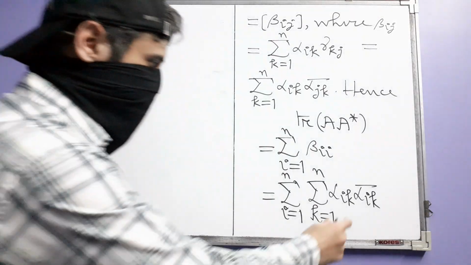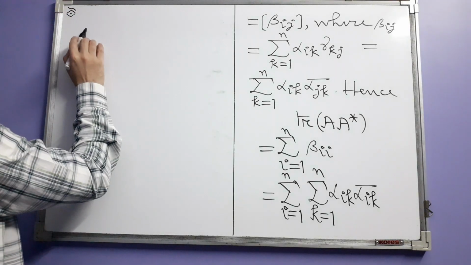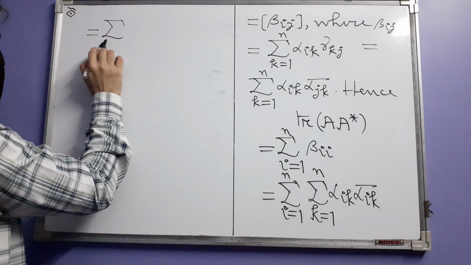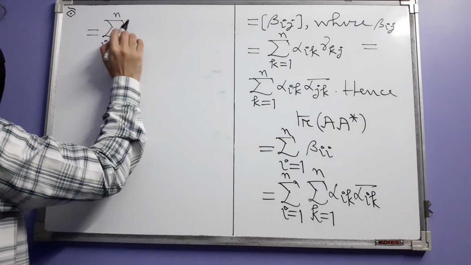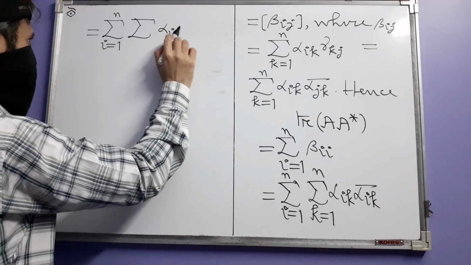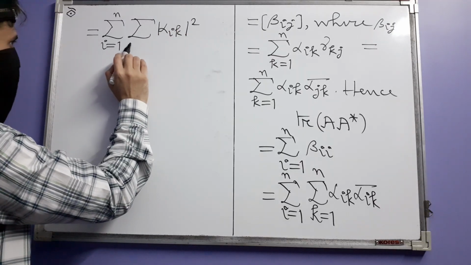So this is a complex number multiplied by its complex conjugate. That's the square of its absolute value.